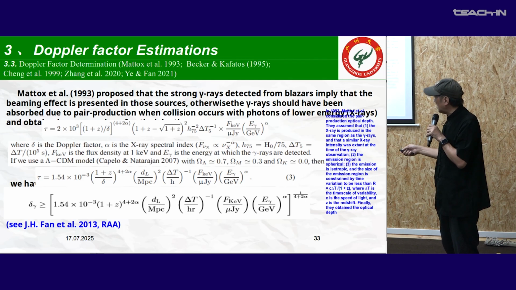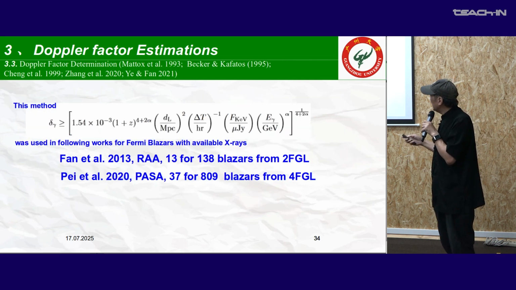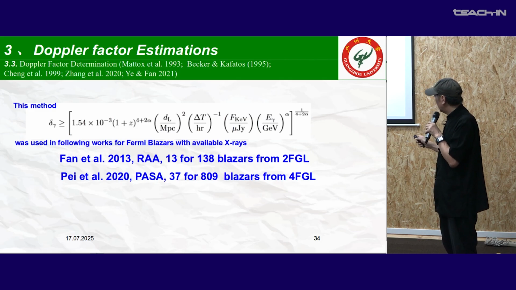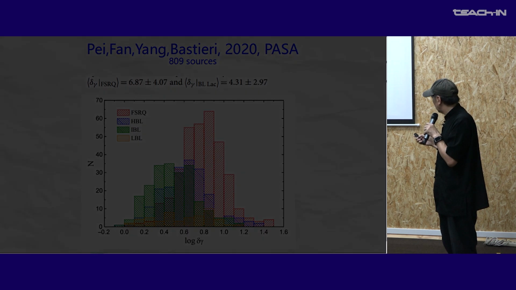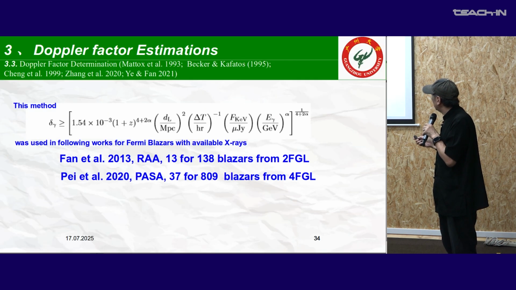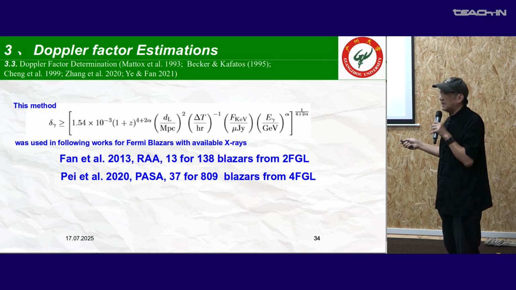We describe this in this way. I think it's much more convenient to get the Doppler factor. This is Mattox's proposal. If we have the time scale, the X-ray flux density and the gamma ray energy, we can get the Doppler factor.